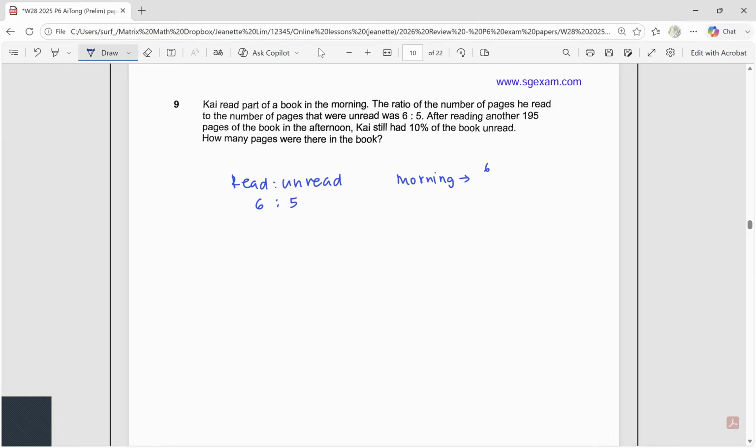You have 6 out of 11. Your total units is 11. Then in the afternoon, you have 10% unread. Which means in the end, you have 10% unread. So 10% is 10 over 100, which is 1 out of 10.